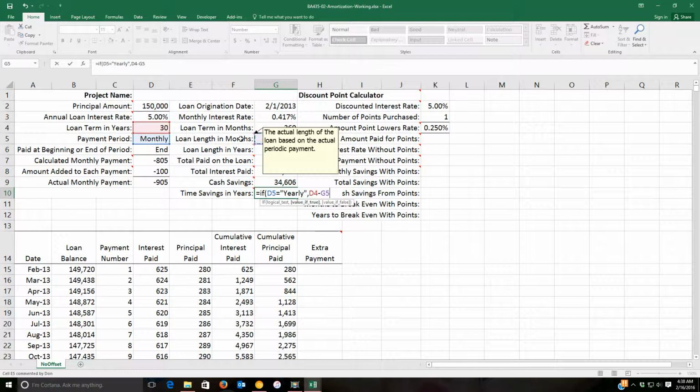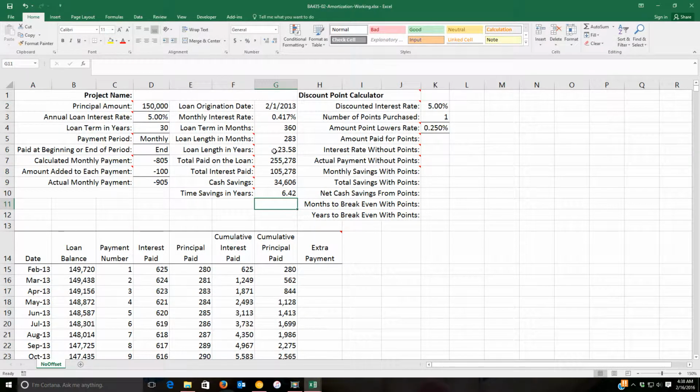That would be the calculation. But it doesn't say years, so we're going to take the loan term in years and subtract it from the cell where loan length in years is calculated for all other payment periods. That's G6. We'll close that off. And that tells us that we saved 6.42 years by paying a bit extra on the loan each month.